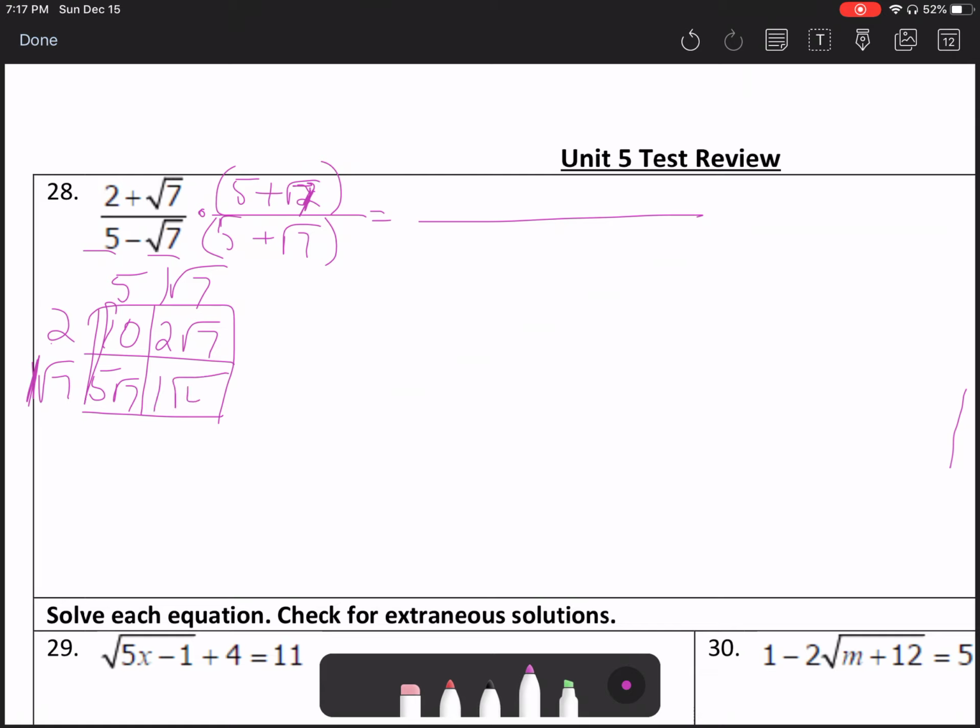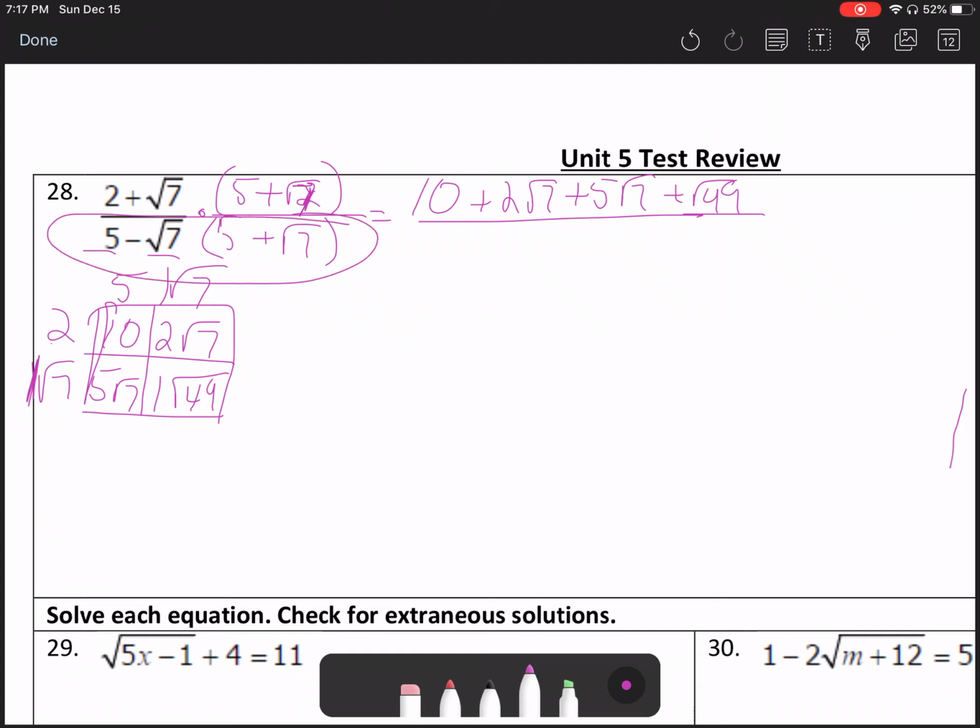Radical 7 times radical 7 is radical 49. So I'm going to just write all of this up here. So this is 10 plus 2 radical 7 plus 5 radical 7 plus radical 49. That's what's going to go in my numerator.